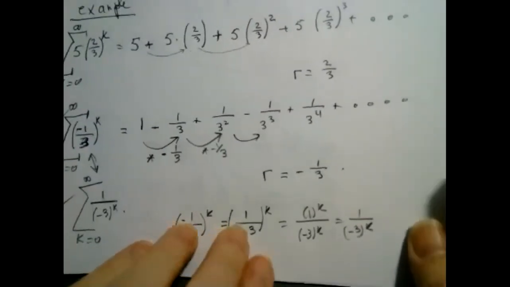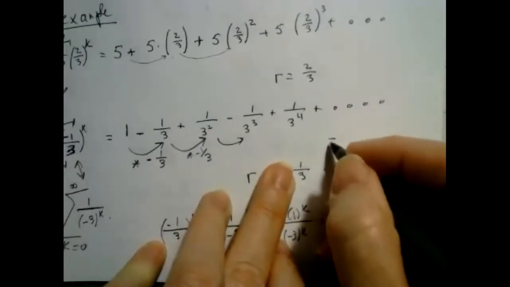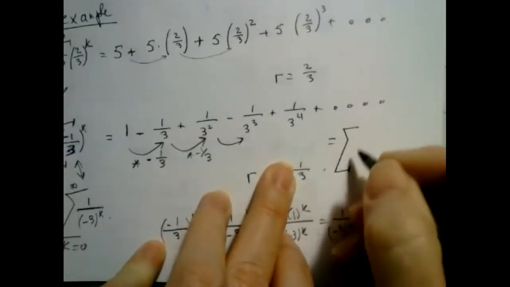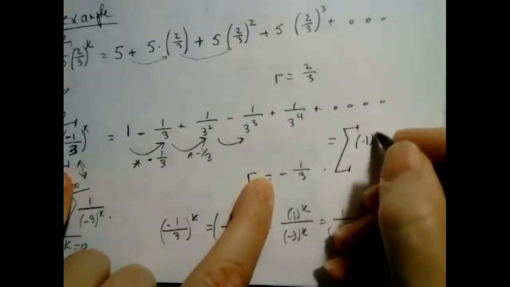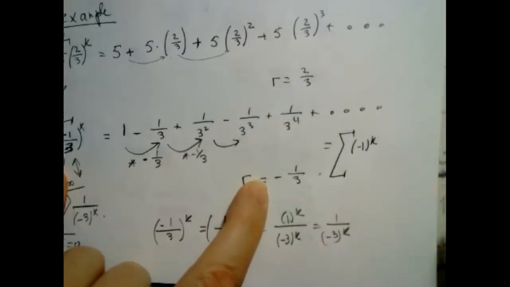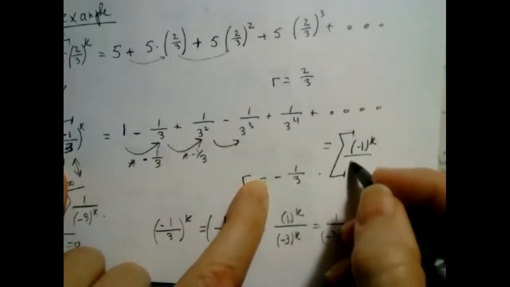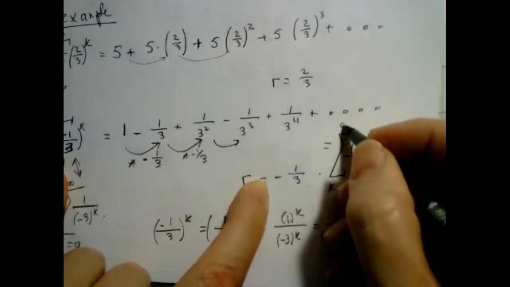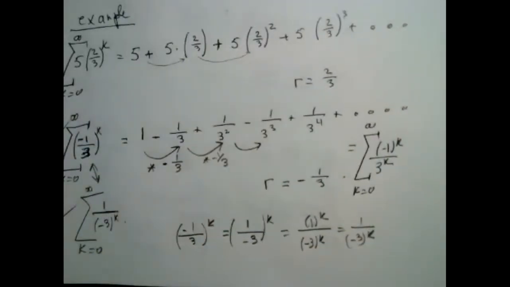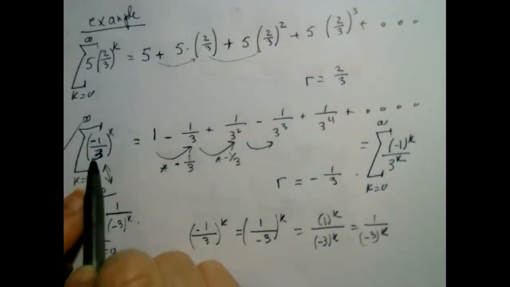So another way we can write this is (-1) to the k over 3 to the k, k equals 0 to infinity, like what we did before. We can write this in several formats.